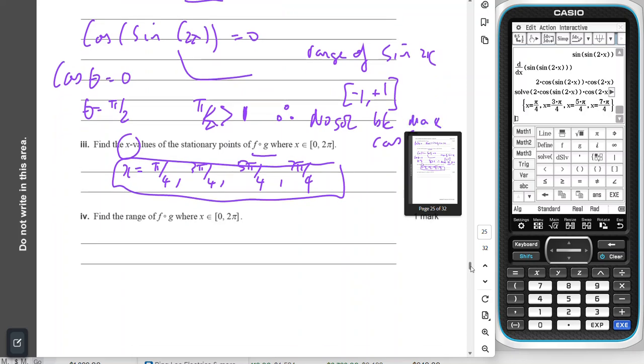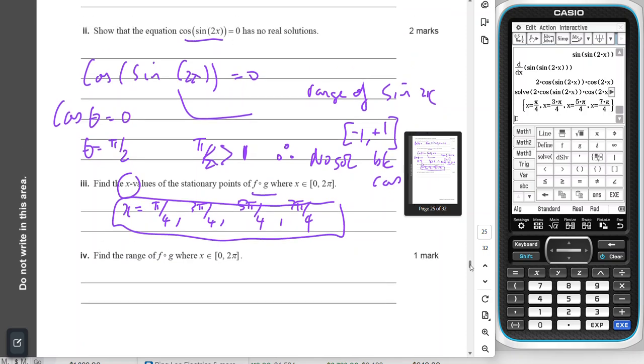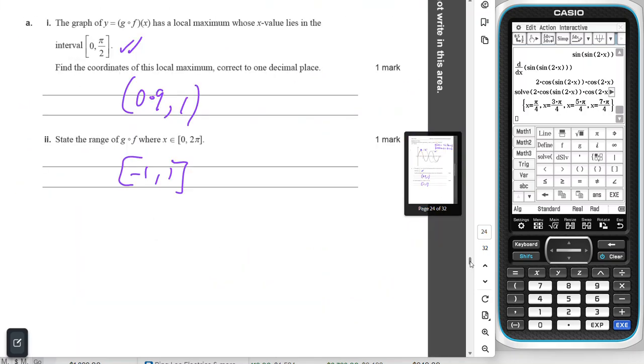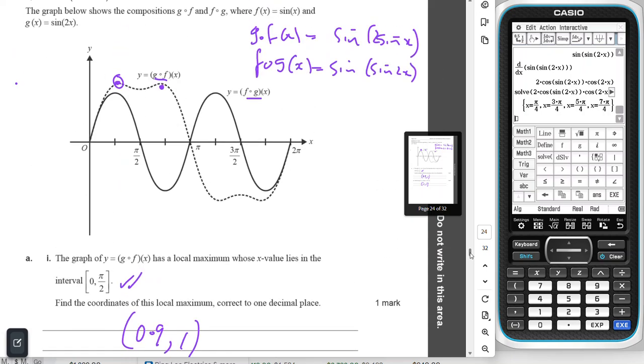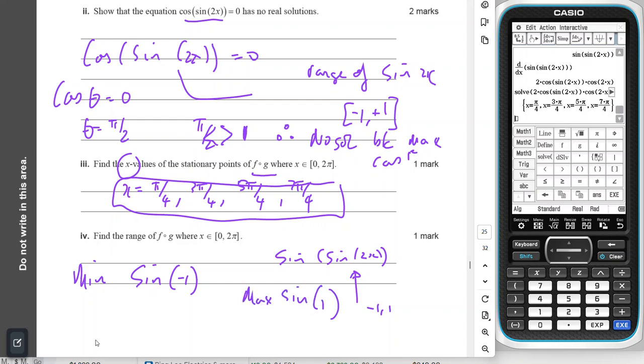Find the range of f∘g. The sine of 2x. So the only things coming out of here are -1 to 1, which means the minimum value that this can be is the sine of -1, and the largest value that can come out is the sine of 1, where these are radians.